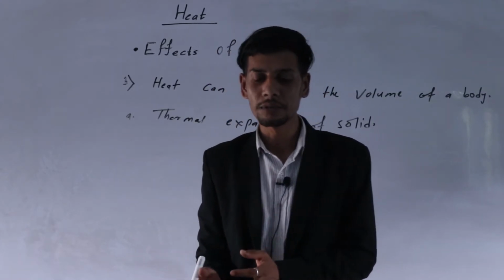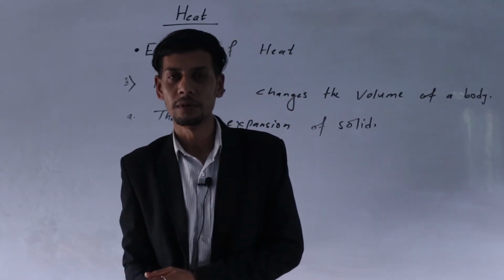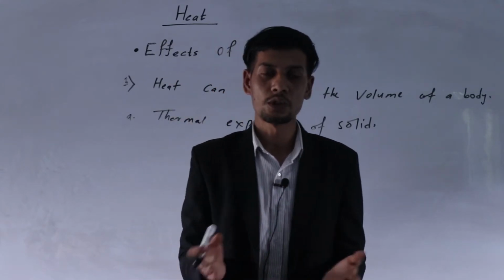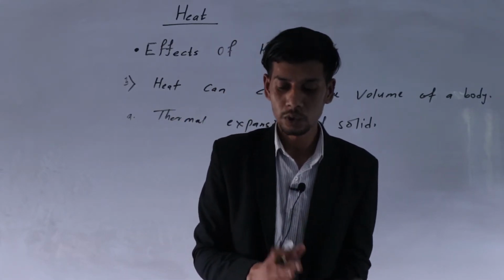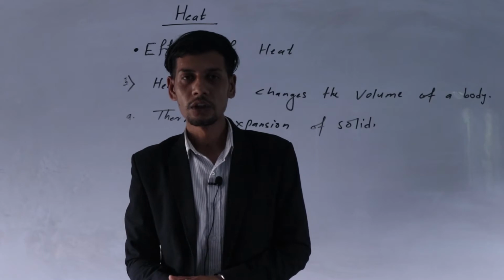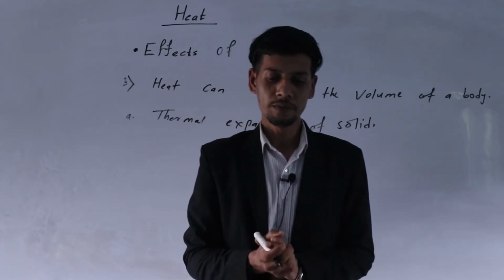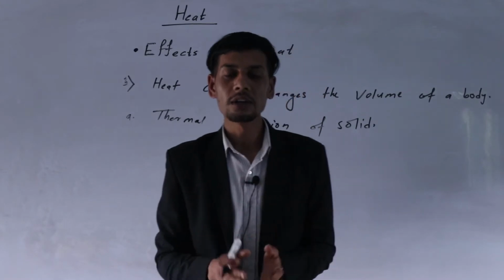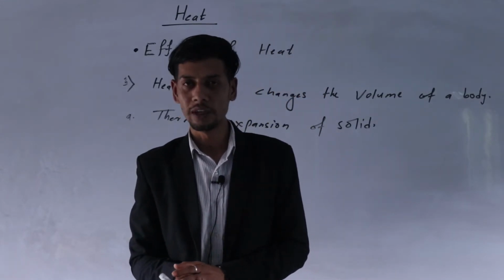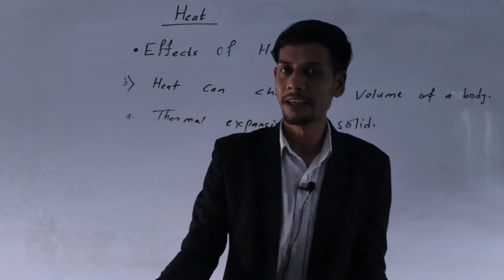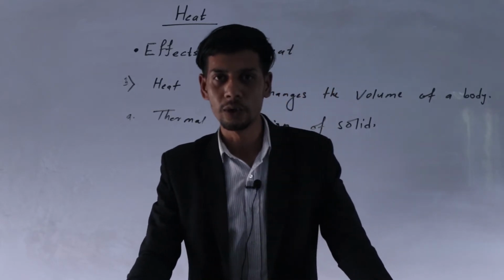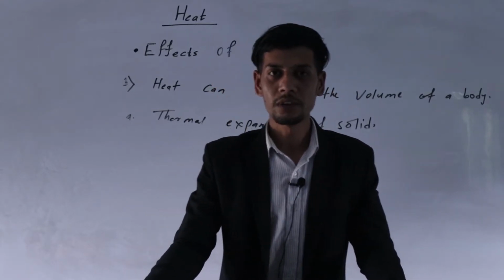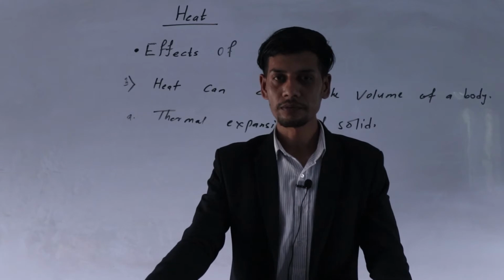This is one of the best examples of expansion of solids due to heat energy. So I am going to demonstrate the thermal expansion of solids, how it occurs in a solid.